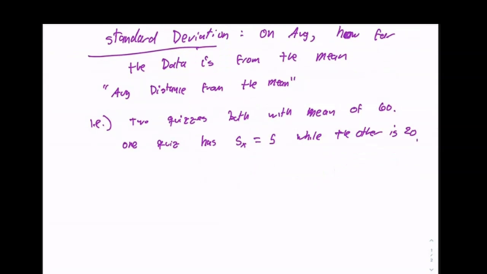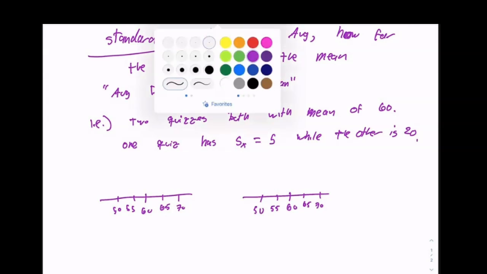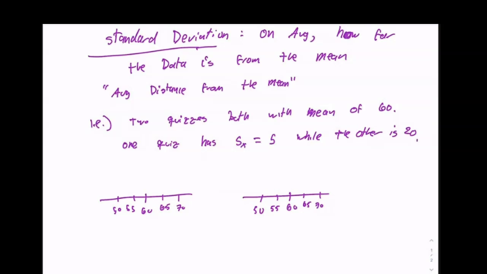So if we think about the first quiz, here's a 60, and here's a 60, 55, 50, 65, 70, 65, 70, 55, 50. The first quiz will look like this with the scores.